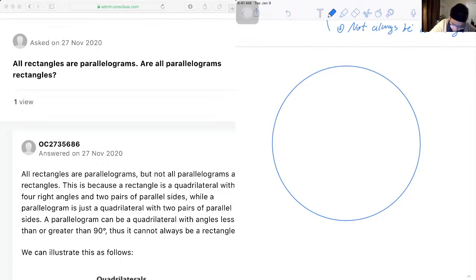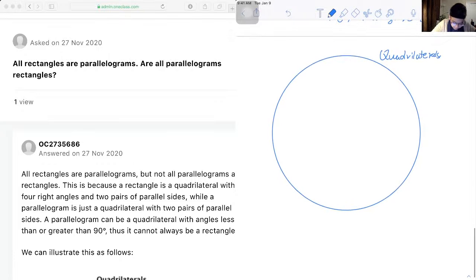So the biggest circle will be quadrilaterals, and that includes parallelograms. So shapes like this, or look like that.